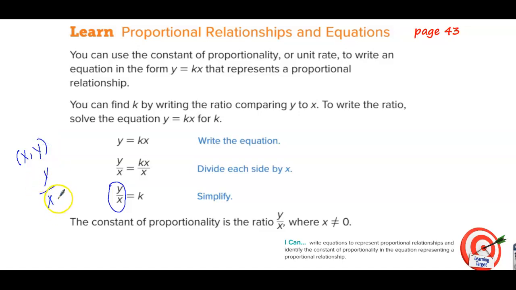And when we reduced this so that x was a 1, that was our unit rate, aka constant of proportionality. Okay, that's what they're just trying to show you, how this equation backs this up. Okay, this is your unit rate. It's equal to k. K stands for constant of proportionality. I guess C must have been taken, so they decided to go with K for that.